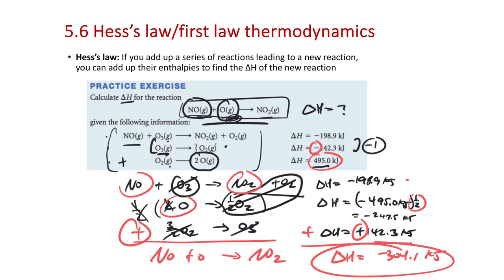So the idea is if you can add the reactions up to a new reaction, that new reaction's delta H is just the sum of those reactions' individual delta H's. This is just a much more complicated example of A to B was plus 20, B to C was minus 40, so A to C was minus 20, if you remember that example we did earlier in the class. And so it's just a simple exercise in the first law of thermodynamics through what we call Hess's law.